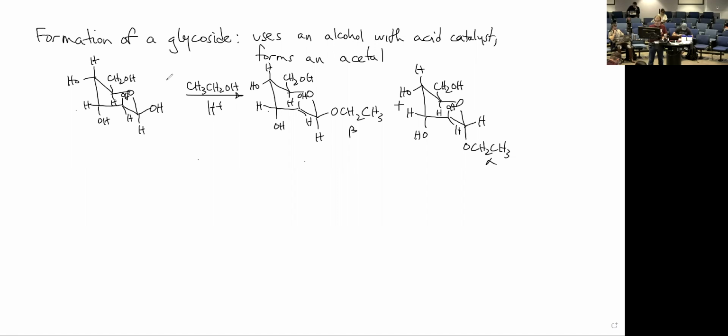So it basically opens to the straight chain form, does a reaction over here, and then closes back up. So when it does that, you can form either of the two anomers. The OH on carbon 5 can come in from either above or below that carbonyl functional group. And so you will get a mixture of anomers. So you will get both.